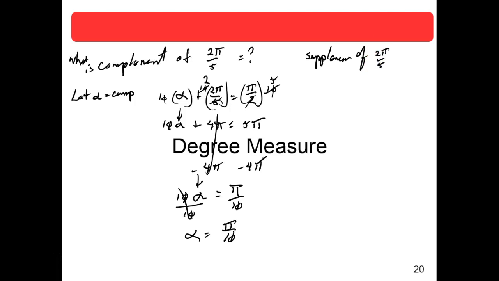What's going to be true of the answer to that? Yes, the sum of the supplement plus this is going to be pi. So you want to call it alpha again? Okay, we'll do alpha. Alpha plus 2/5 pi has to equal what? Not 2 pi. Pi.